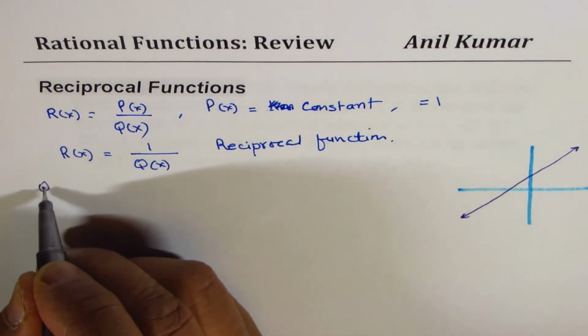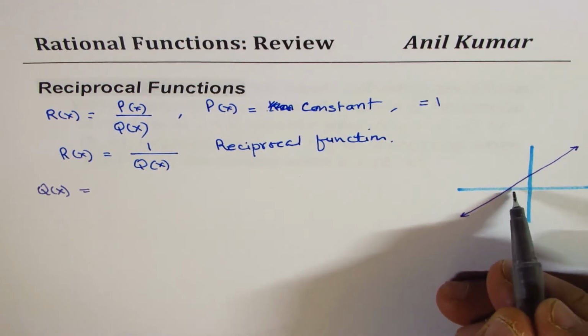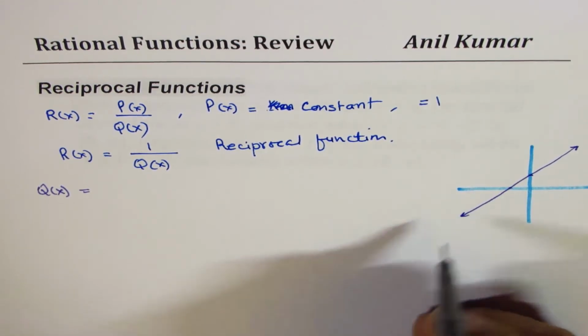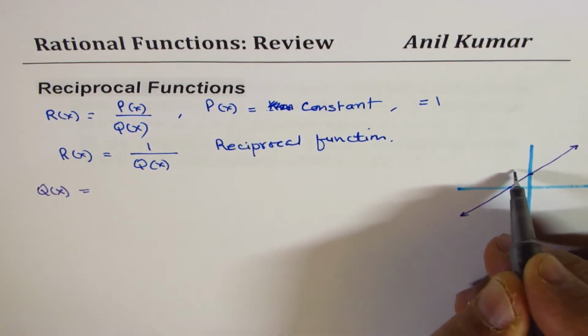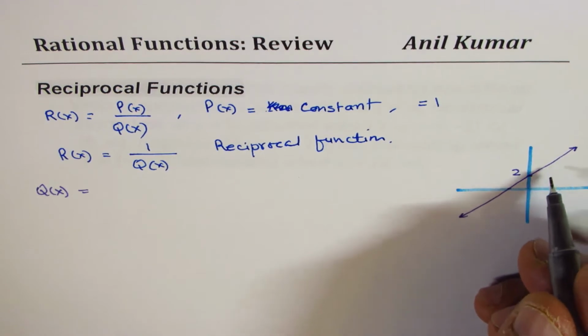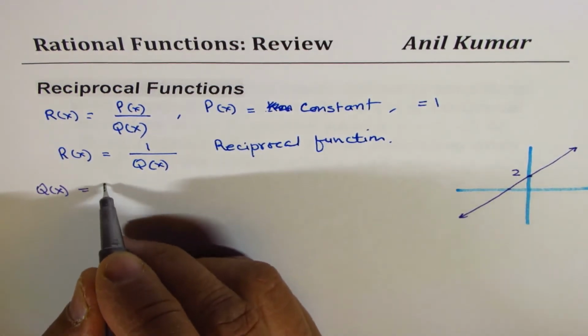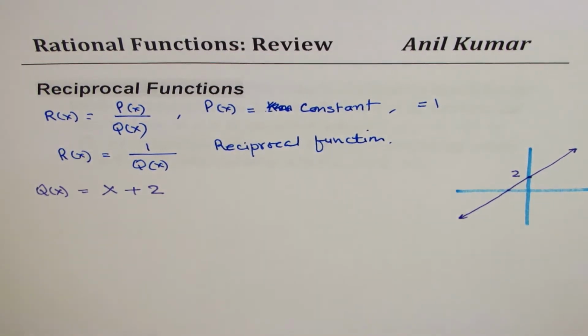So let's say q of x is this line whose equation is, okay, the slope is positive. Let's say this point is 2. In that case, let's say the slope is 1. So we have x plus 2. We're keeping it very simple. So we have this as our function.